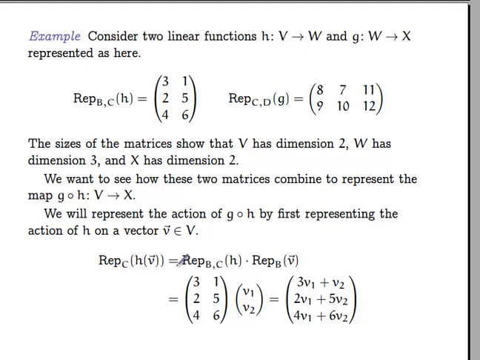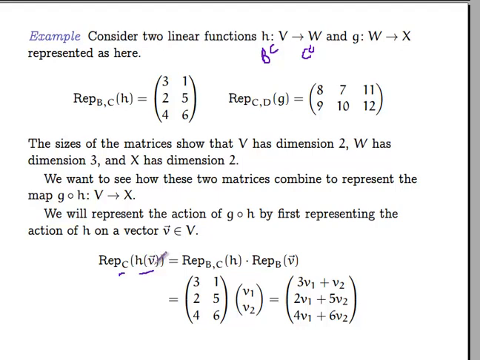Notice that B is a basis in V, so B is contained in V, and C is a basis in W. B is the domain basis, C is the codomain basis. So this gives us the representation in basis C of H of v.